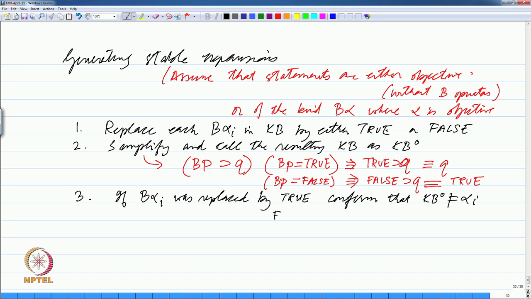And likewise, if it was replaced by false, confirm that it does not entail alpha I. Those are the conditions for stability, the positive and the negative introspection.